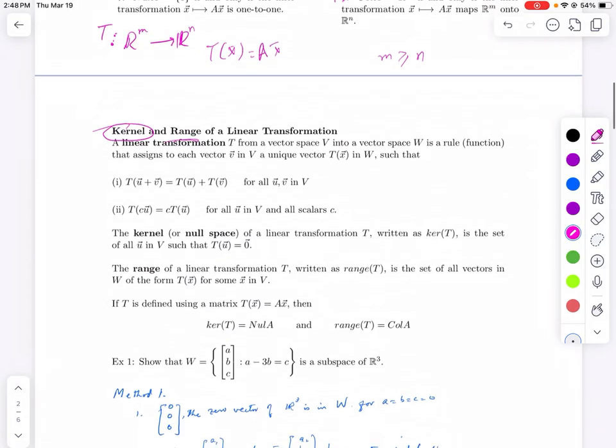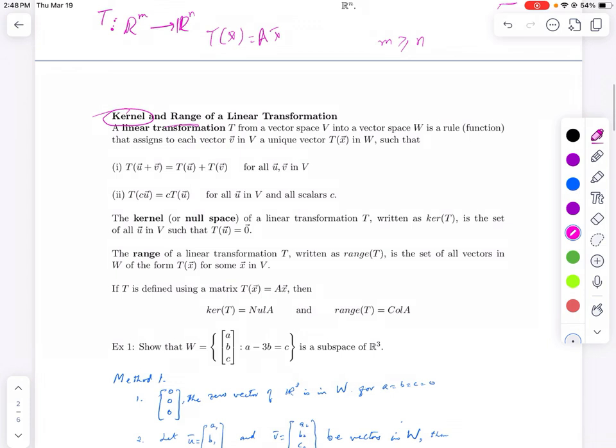The kernel, or null space. Kernel is the same as the null space. The word kernel is used with transformations, whereas null space can be for any vector space or any subspace.